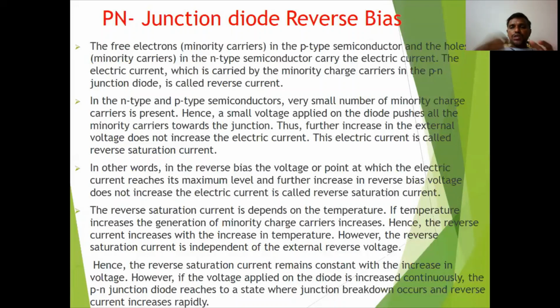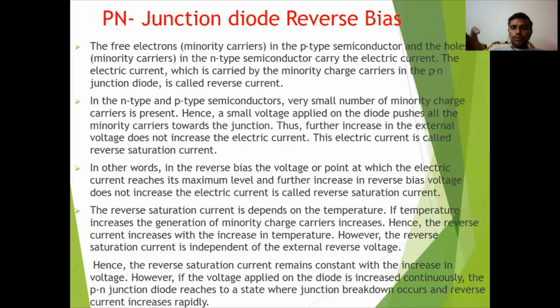So the reverse saturation current cannot depend on the external reverse bias voltage. It only depends on temperature, because as the temperature increases, there is a generation of minority charge carriers.